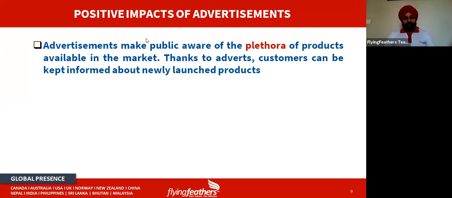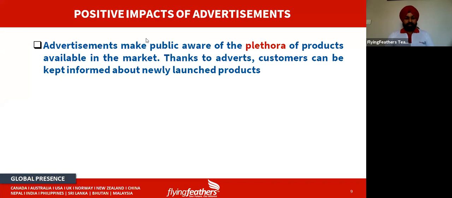So the first benefit is that advertisements make the public aware of the plethora of products. Now what is the meaning of plethora? Lots of products, means many products. Plethora is used as a synonym for many or lots of.